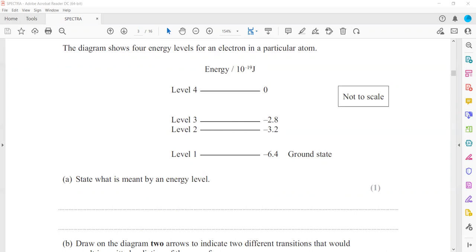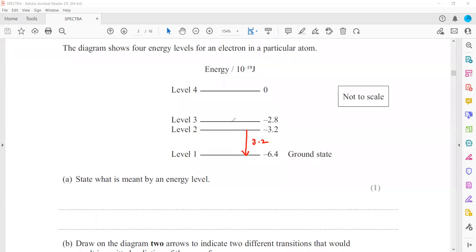So when we subtract, we will check all the possible ones. Here 6.4 and 3.2. What is the energy difference? First I'm writing all of them, and at the end I will mention the answer. 6.4 minus 3.2 is 3.2, so this energy difference is 3.2.